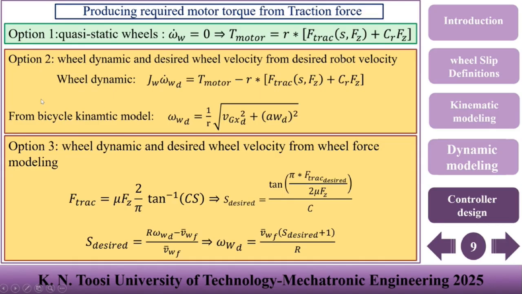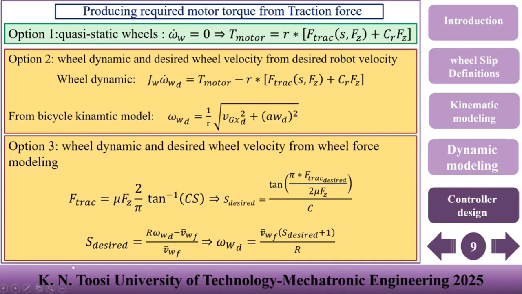The other option is to consider the wheel dynamics, which is here, and provide the reference desired wheel rotational velocity for it. The first way to calculate that desired velocity is with those kinematic equations we had before. The second way to provide that desired wheel rotational velocity is to use a slip-based model.